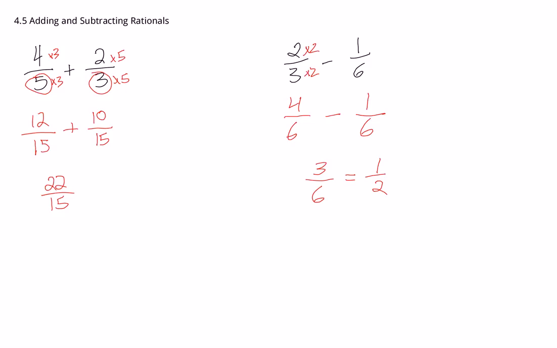So the process that we're going to do for rational expressions now is basically the same thing. Our first step will be to change fractions to have a common denominator. So we're going to have to times each fraction by something in order to get a common denominator.